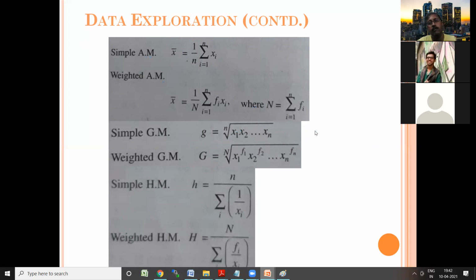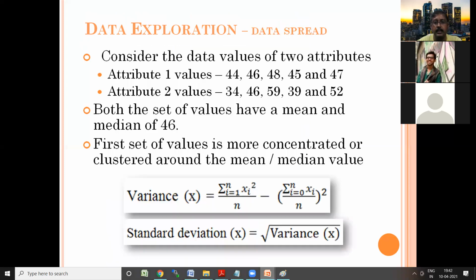And median and mode you have already understood, right? For the median, we take the values in a specific order, either ascending or descending, and take the middlemost value. And for mode, we take the frequency distribution, and the observation with the highest frequency is taken as the mode, right? So those are the measures of central tendency.